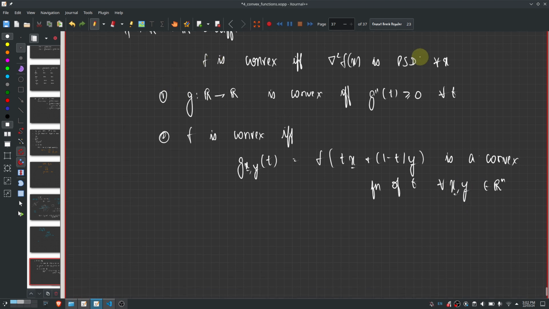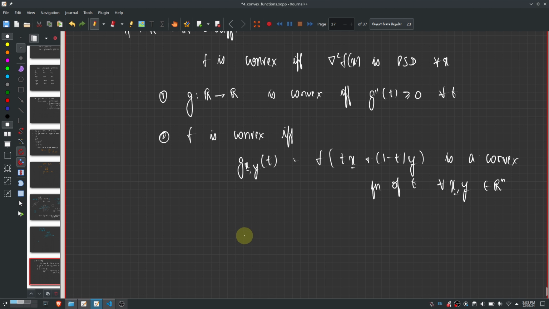So to prove this, you just use these two results. We can show that f is convex if and only if g is convex for every x, y. So when is g convex? When the second derivative is greater than or equal to 0 for all t. Correct? So find the second derivative of g_{x,y}(t) with respect to t.